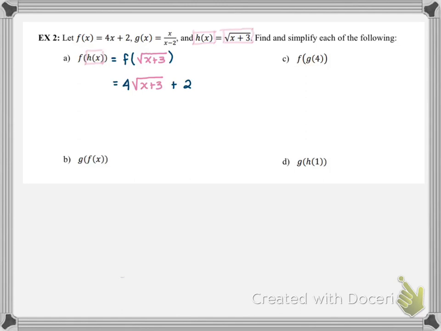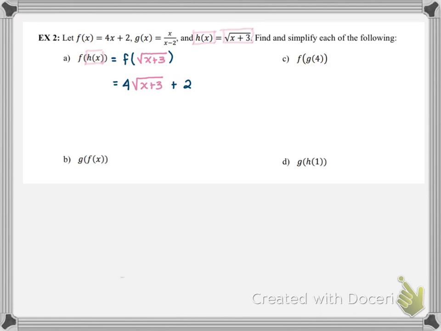Just like when we did difference quotients and stuff, the key to not getting super confused in these is to not think of your input as x. Think of it as your input. Because as soon as we start getting mixed up in all the x's, it gets really confusing, right? So the function f isn't 4x plus 2, it's 4 times your input plus 2, and then you can put any input in there.